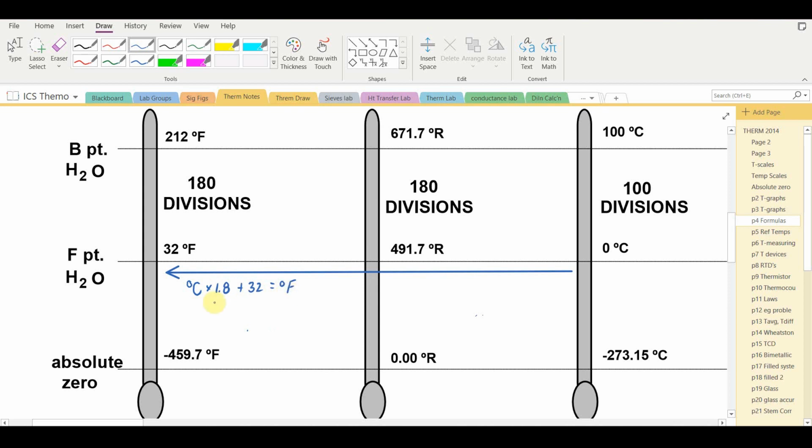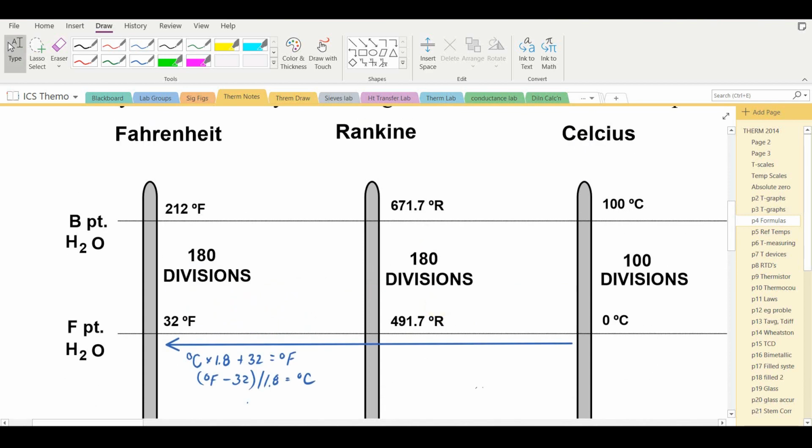If you want the reverse formula, simply rearrange the equation: degrees Fahrenheit minus 32, divided by 1.8, equals degrees C. Now I'd like to check this at some non-zero temperature. Let's say we start at 100 degrees Celsius. What would that be in Fahrenheit as a check for our formula?